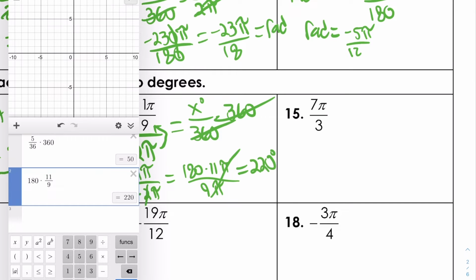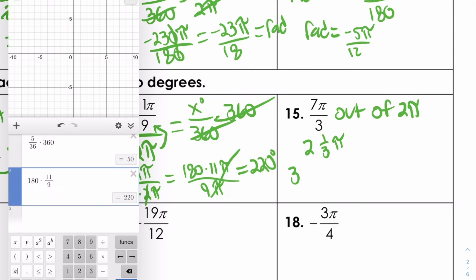7 pi over 3. Hey, that's interesting. If a full circle is out of 2 pi, then 7 over 3, that would be 2 1/3 pi. So this one is a full circle.